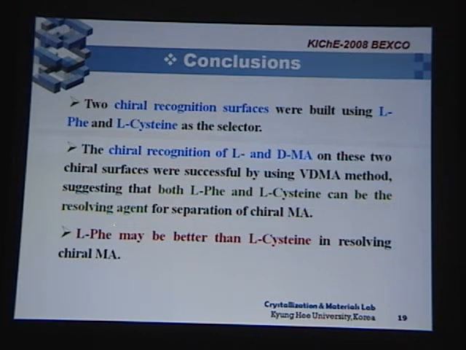However, when we compare the chiral recognition results obtained on the L16 and alpha-anion modified surfaces, we find some differences, so we can conclude that alpha-anion may be a better resolving agent than L16 for resolving chiral mandelic acid.